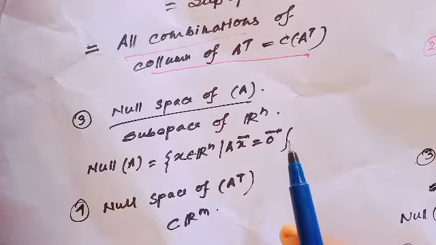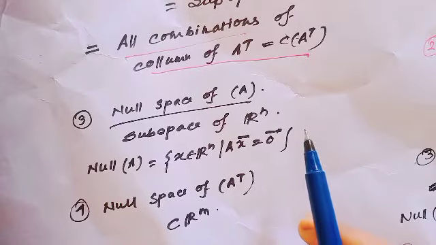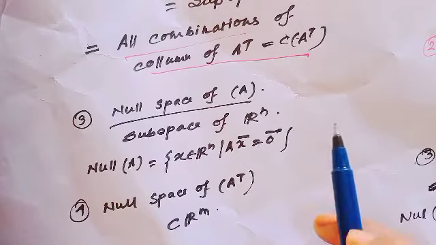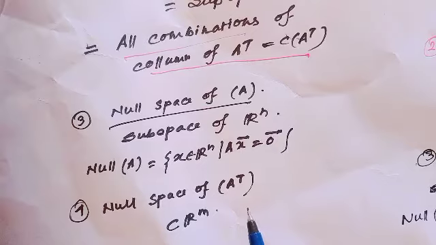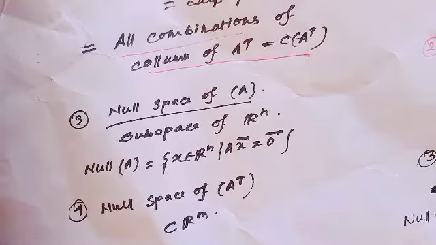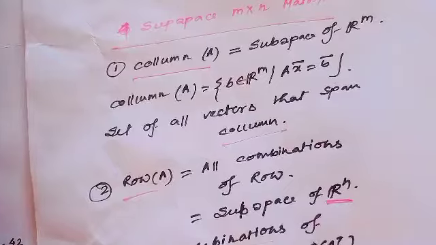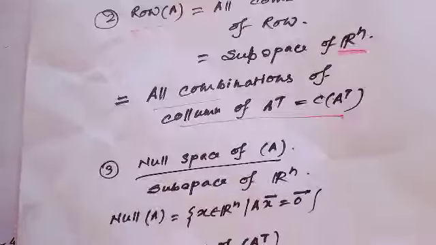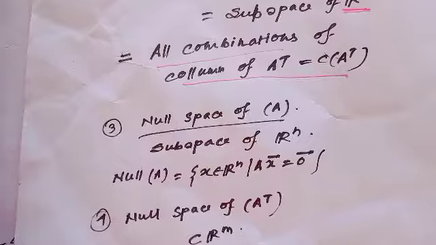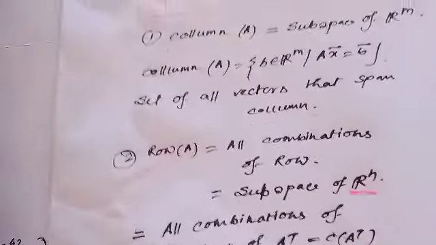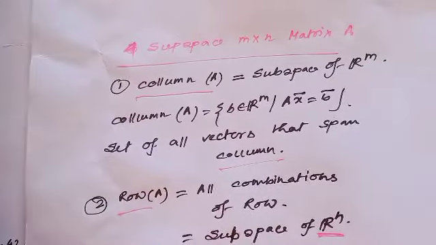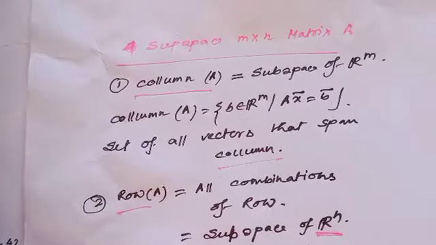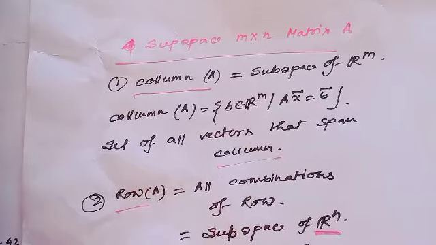Since the null space of A is a subspace of Rn, the null space of A transpose would be a subspace of Rm. In these subspaces, there exist different types of bases. Are you getting the idea? These are very nice types of subspaces, and they are very important for any competitive exam.